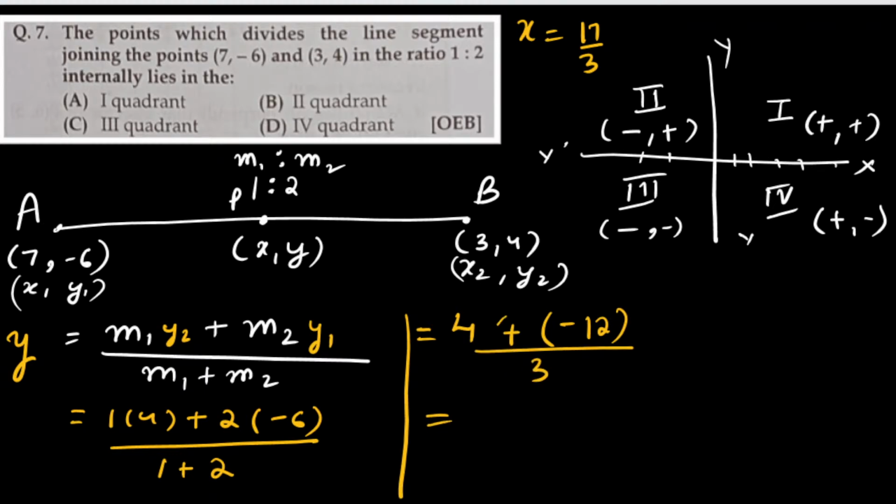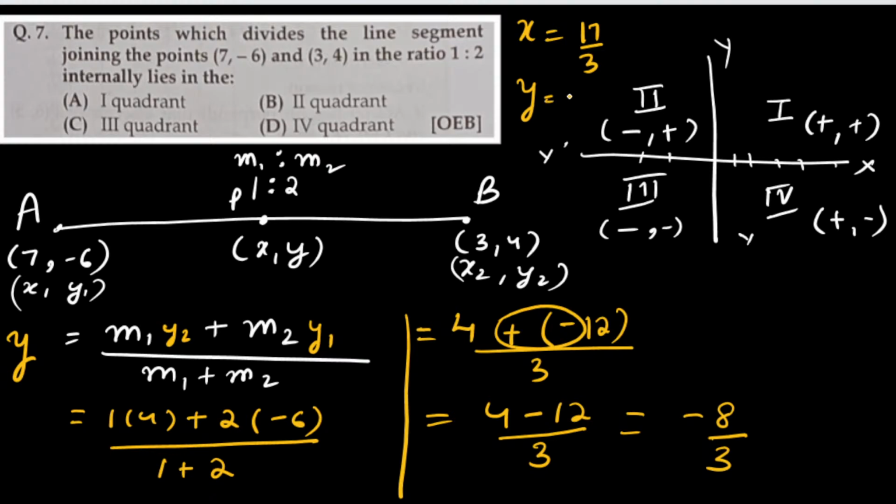Whenever two signs come together, make it a single sign. Plus minus is minus. So 4 minus 12 by 3. 4 minus 12 is minus 8, with the sign of the greater number, which is negative. So minus 8 by 3. So y is equal to minus 8 by 3.